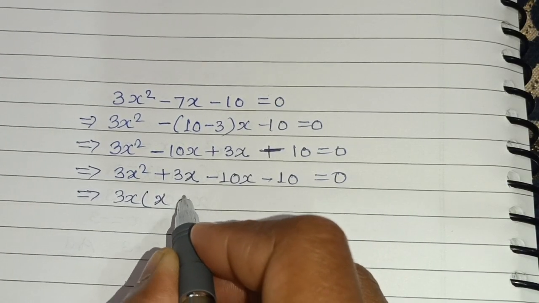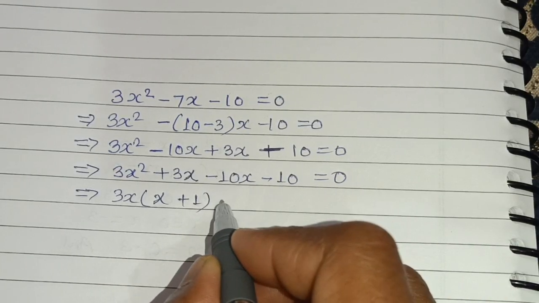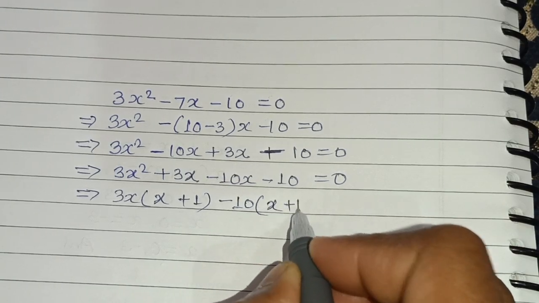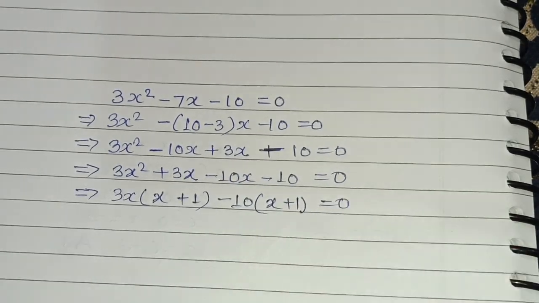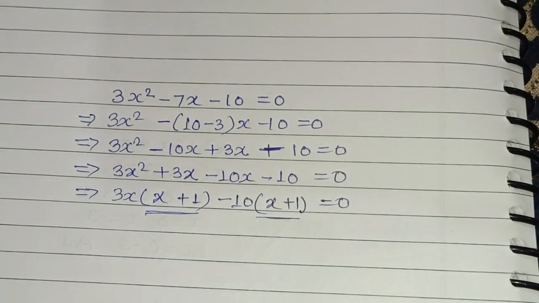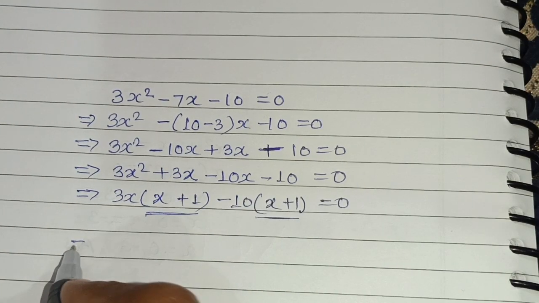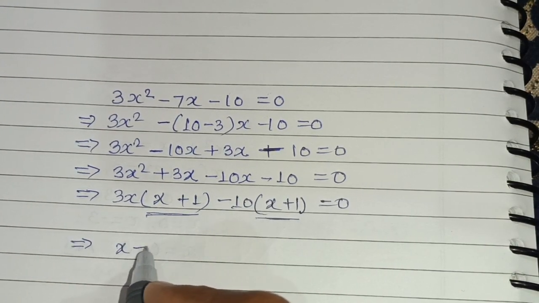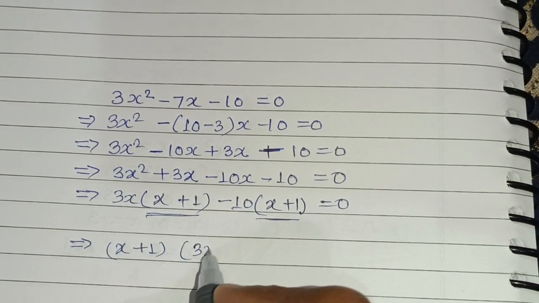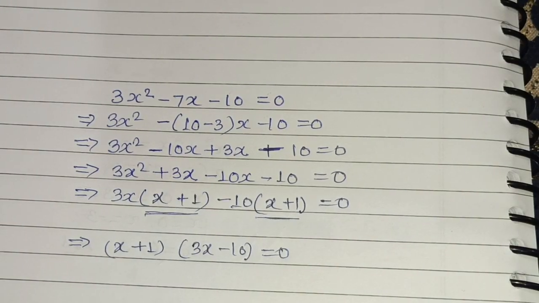x plus 1 and 10 x plus 1. So now x plus 1 is common, so x plus 1, 3x minus 10 is equal to 0.